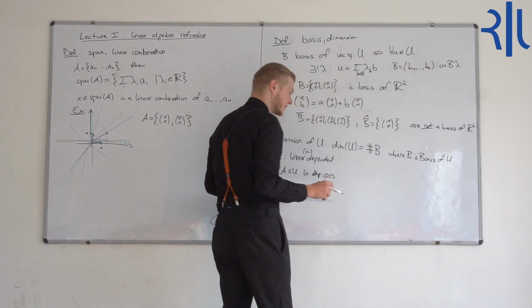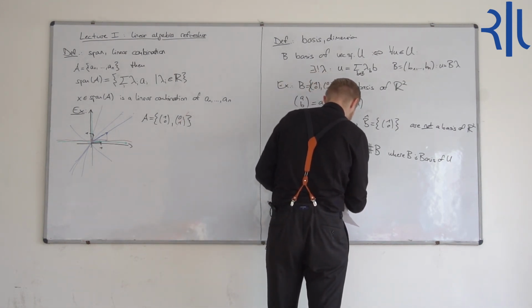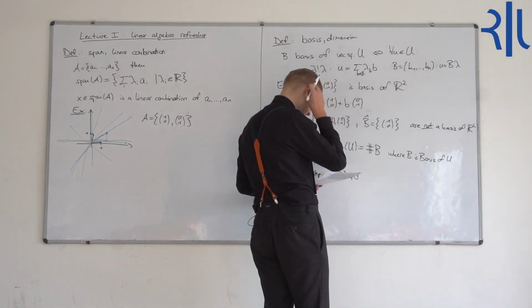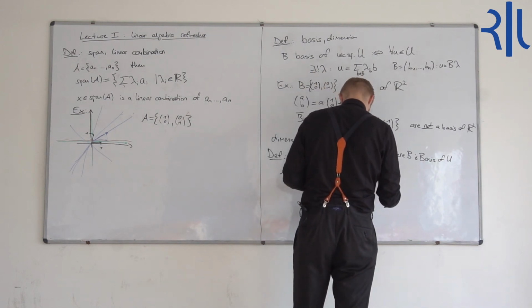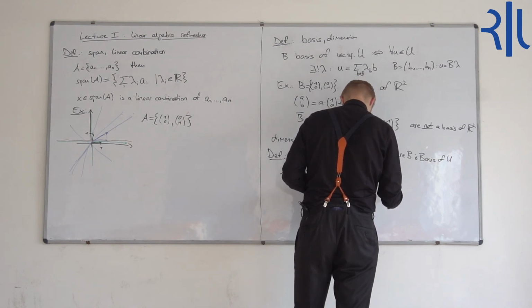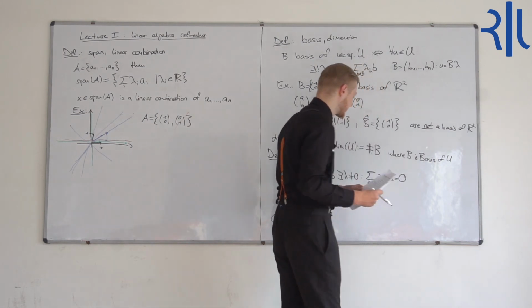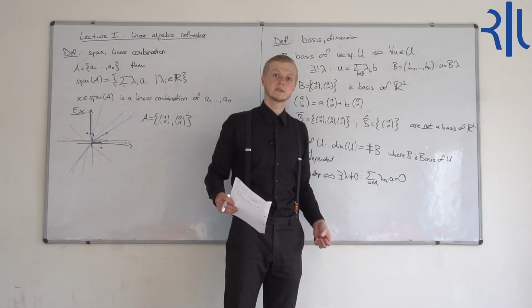It's called linear dependent exactly if there exists a lambda unequal to 0 such that we can find a linear combination out of the elements in A that yields 0.